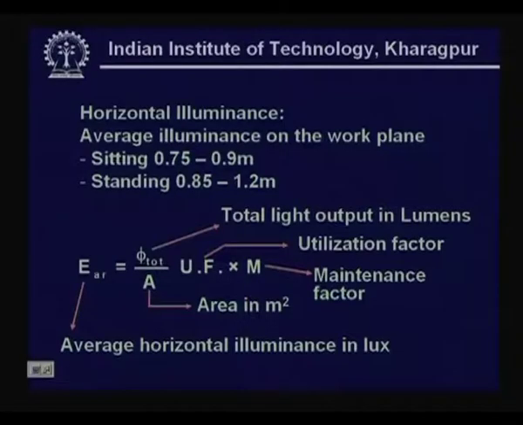Some is lost. This we have already discussed when we were discussing the illumination systems, where luminaires, depending on the way they are located, do not all result in useful flux, and therefore, depending on the way we locate, there is a utilization factor which is specified.